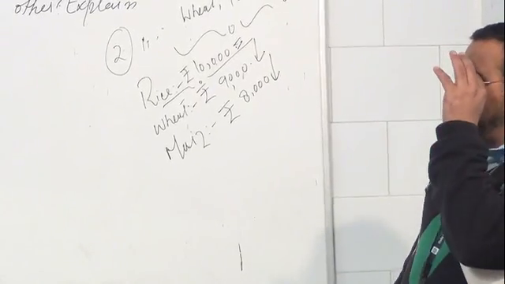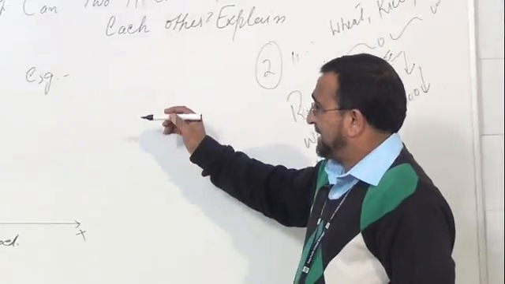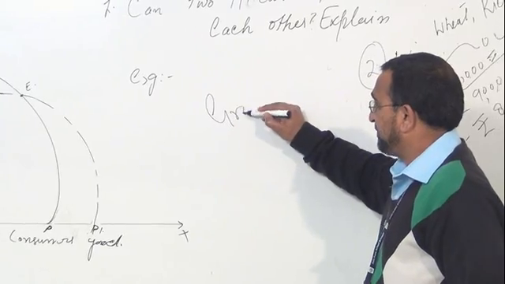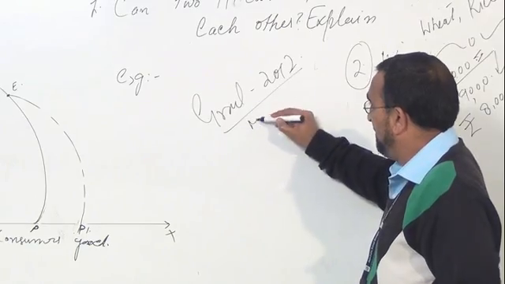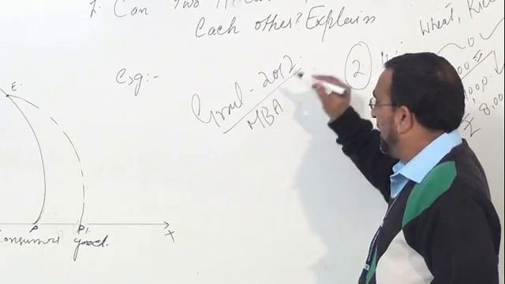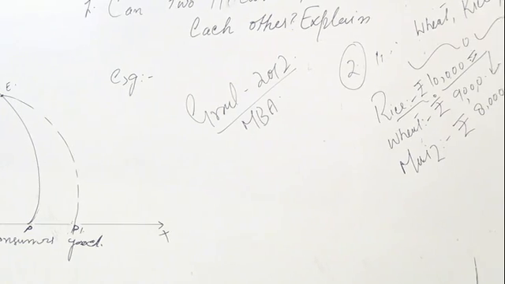I can give you one more example. Suppose there is a student who has completed his graduation in 2012, or he has done economics honors, or MBA or BCom, whatsoever it is.